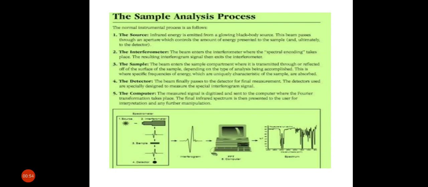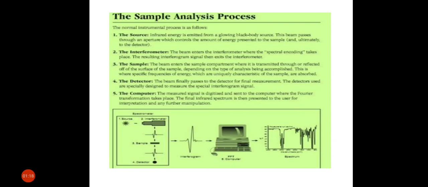So to identify the functional groups of a chemical compound, we use IR spectroscopy. And to perform the IR spectroscopy technique, we use a specific range of the electromagnetic spectrum that we call IR radiation.